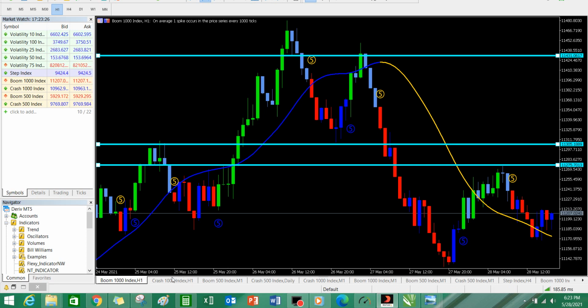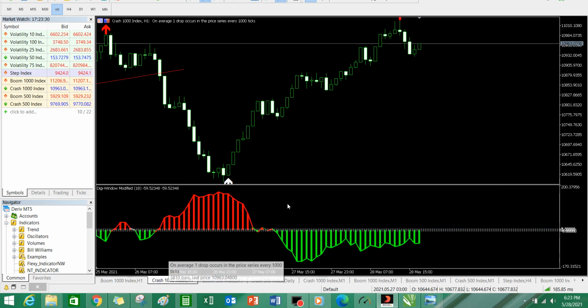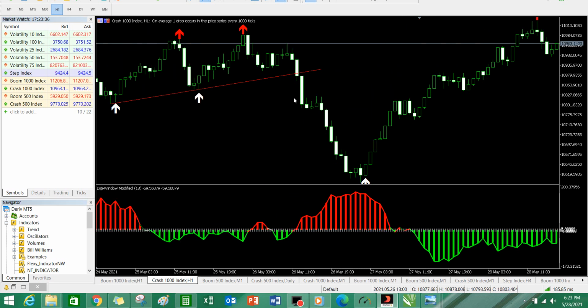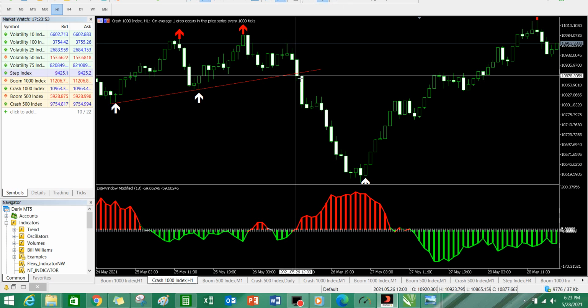Okay, let's check out what is happening with Crash 1000. This is also the 1 hour time frame, and I'm using the crusher indicator to do the analysis here. Like I said few days ago, I analyzed with this and I told us that this is a support level, this is another one, and definitely if it breaks out from this support level, then we are going to experience a breakout action.